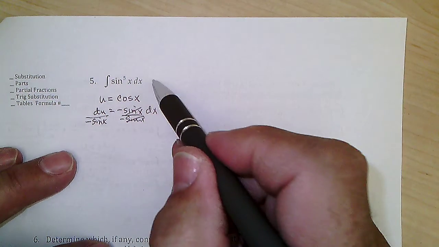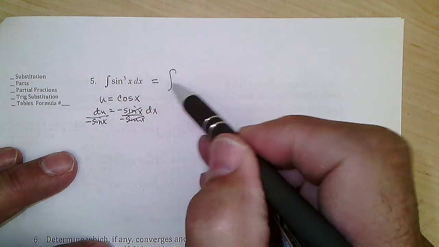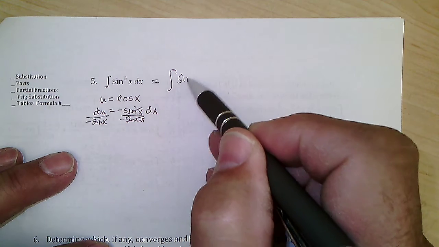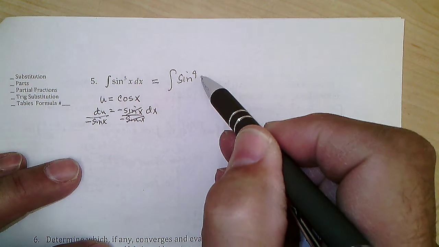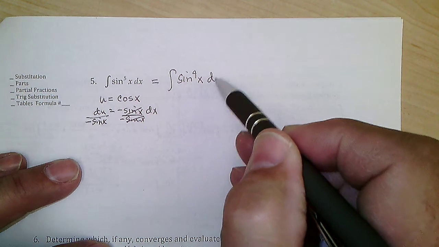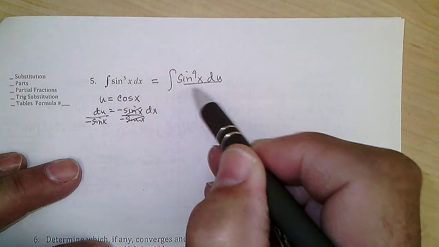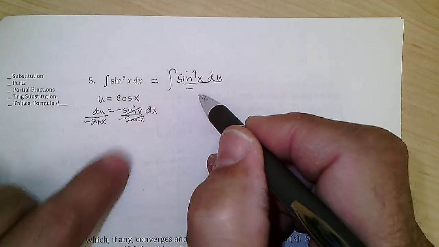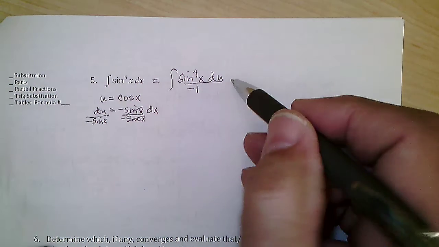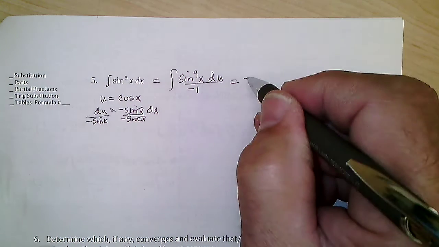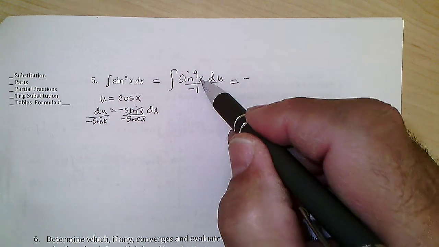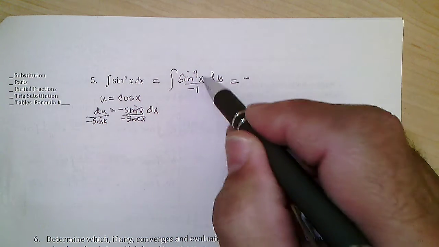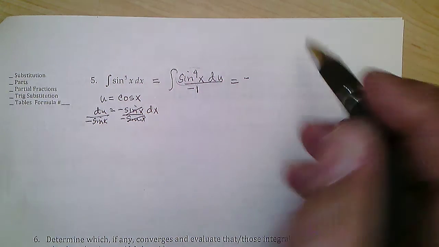And so this would become the integral of sine to the 4th x du with a negative, because I'm canceling out one of the sines. So I can pull the negative out, but I got x and u, and I can't have that, so I have to figure out what to do with that sine to the 4th x.